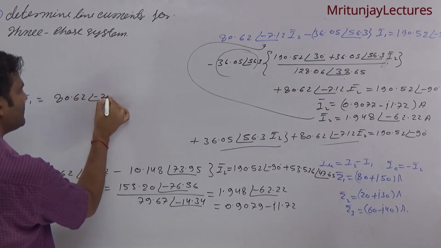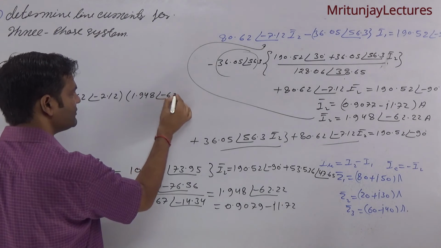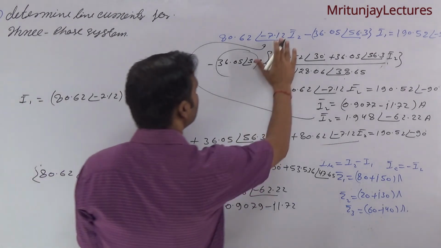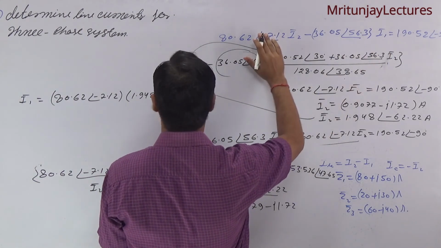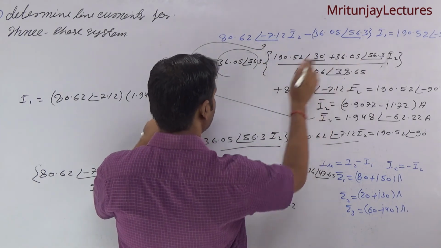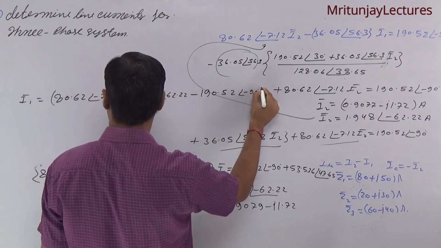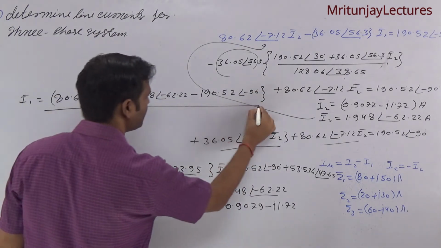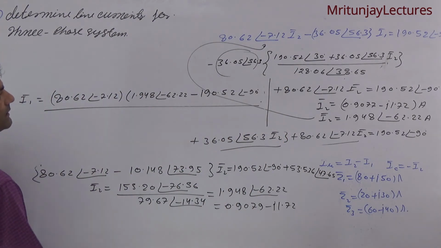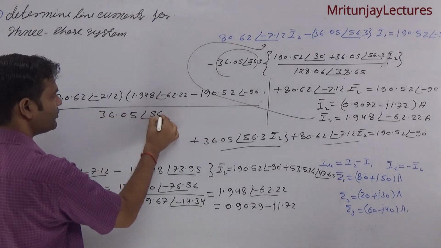80.62 at the angle minus 7.12 into I2, that is 1.948 at the angle minus 62.22. Okay, minus of this one I'm going here and this one, so this one into I2, clear, minus 190.52 at the angle minus 90, okay, divided by 36.05 at the angle 56.3.